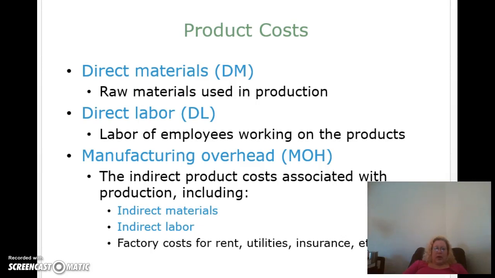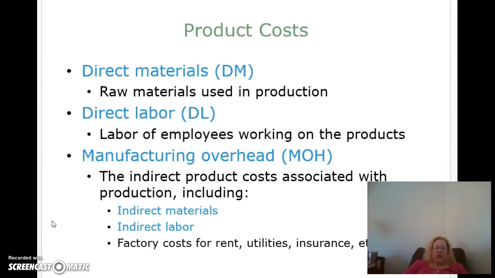Direct labor is the labor of the employees who convert those raw materials into finished products. Direct labor is also a direct cost. It's considered a direct cost because it can also be easily and cost-effectively traced to the product.